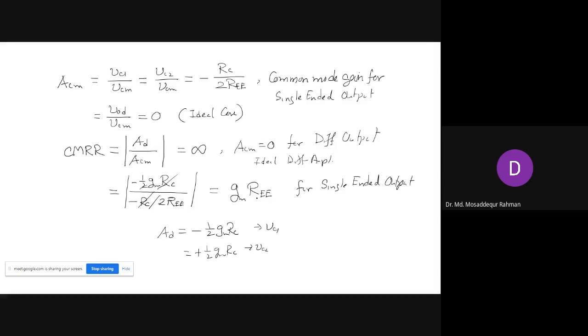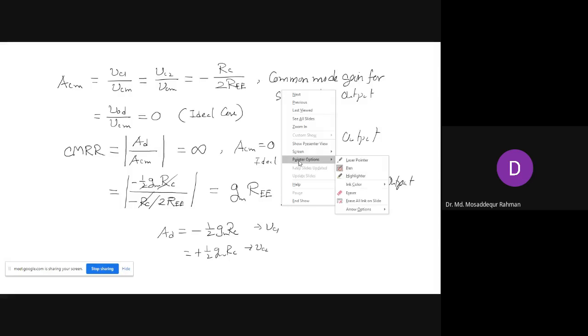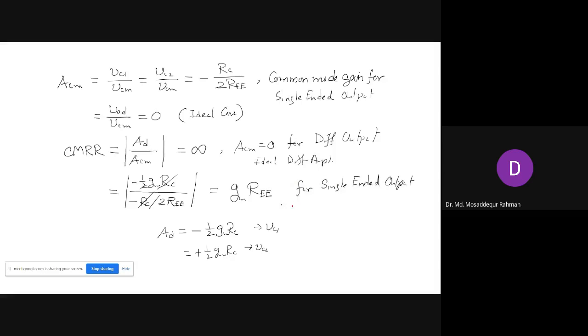So to have an idea about the level of magnitude we can have, let's take a numerical example. Let's say our collector current IC is 1 milliampere. Then GM will be IC by VT, and that will be about, we have done this before, about 40 milliampere per volt.